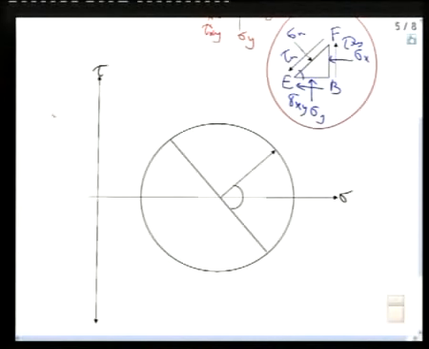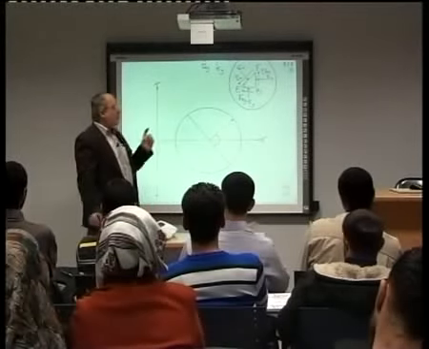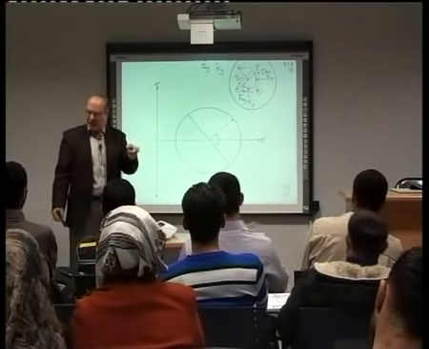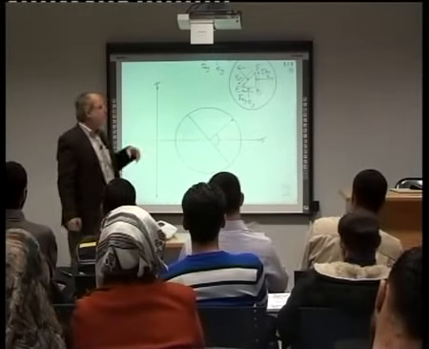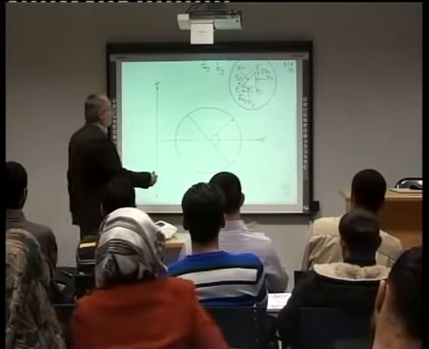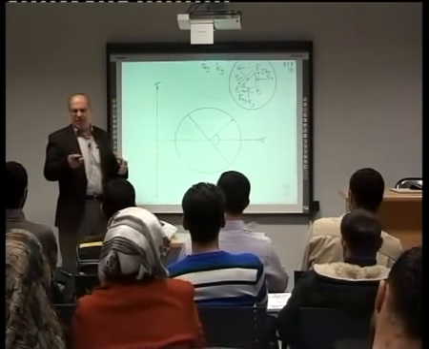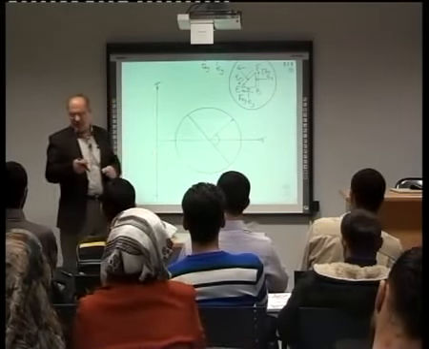Now, we will come to the plane EB. On EB, we have two forces acting on it, right? One is perpendicular and the other is tangent. Suppose the perpendicular value is 100, for example.